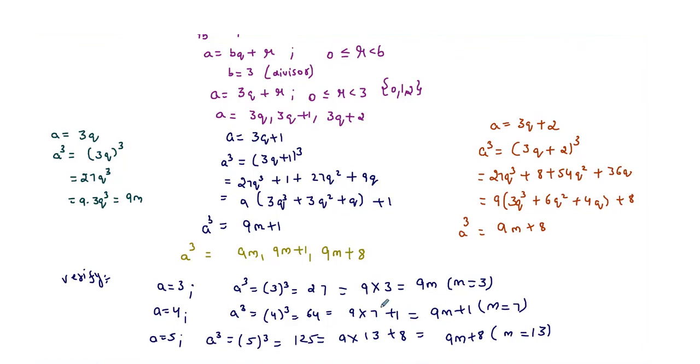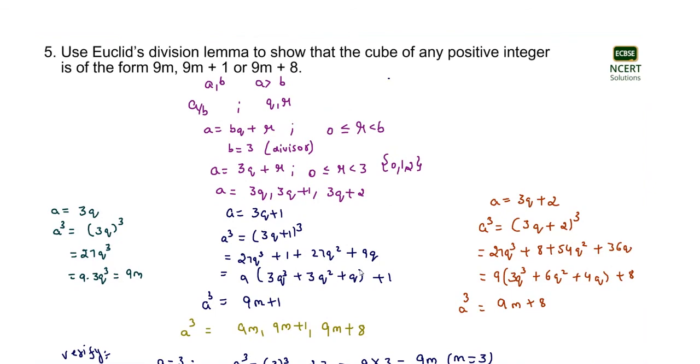If a equals 4, then 9m plus 1 will be the form of a cube. If a equals 5, then 9m plus 8 will be the form of a cube. So, like this, we can take any number, and the form obtained on cubing that number will be either 9m or 9m plus 1 or 9m plus 8. So this was all about question 5 of exercise 1.1. I hope this question is clear to all of you.